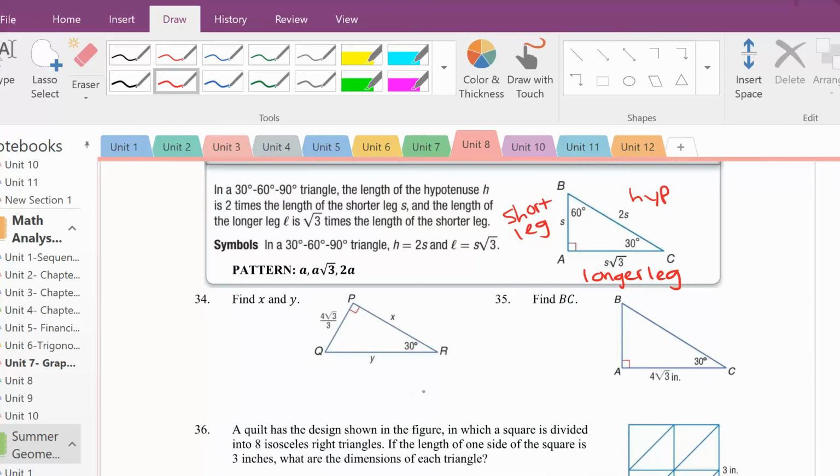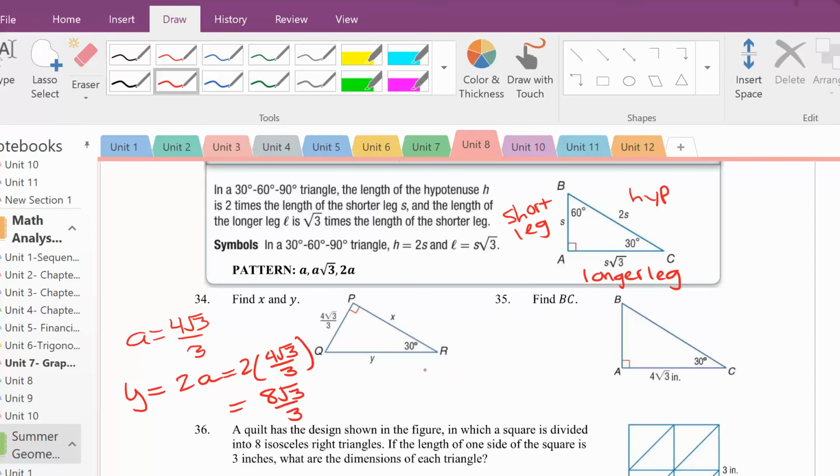So here in 34, we know that A is equal to 4 rad 3 over 3. So Y is the hypotenuse, so it's 2 times A, which means it's 2 times 4 rad 3 over 3, which means it's 8 rad 3 over 3.